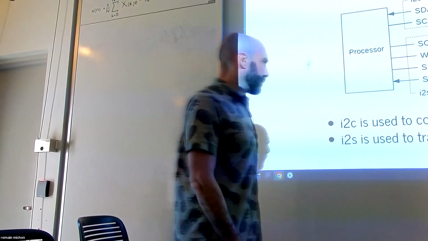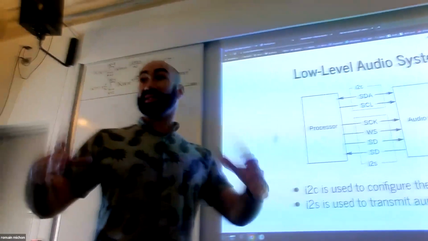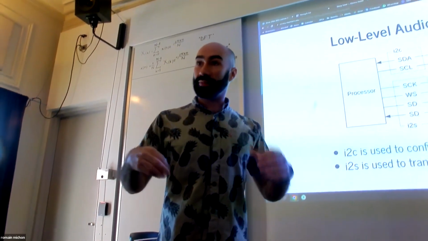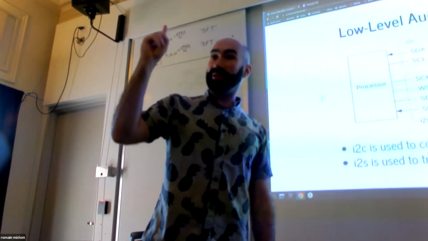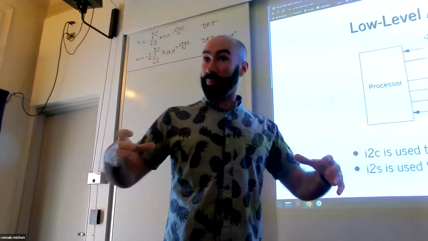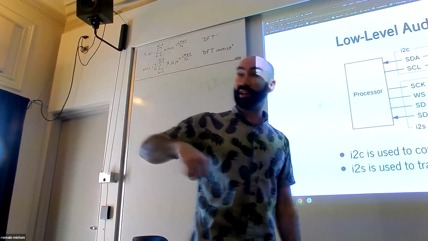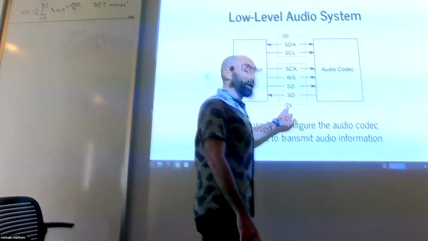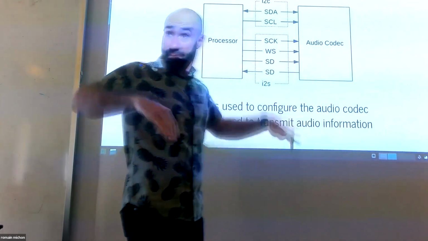I2S was actually invented by Philips when the first CD players were created. To transmit data from the lens of the CD player to the audio chip that converts digital data into analog data, you have an I2S communication bus.